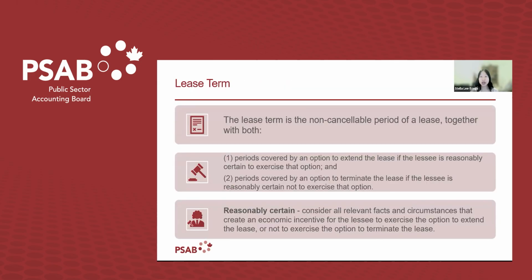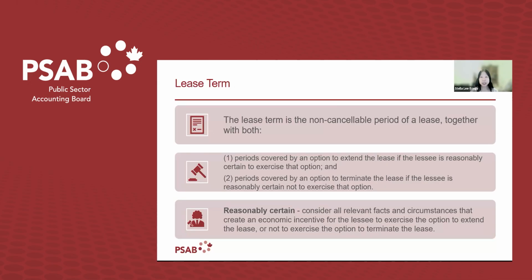The lease term is a non-cancelable period of a lease that also includes options to extend the lease if the lessee is reasonably certain to exercise that option, or to terminate the lease if the lessee is reasonably certain not to exercise that option. Thank you, Stella. I think it would be helpful to understand how an entity determines what's reasonably certain.